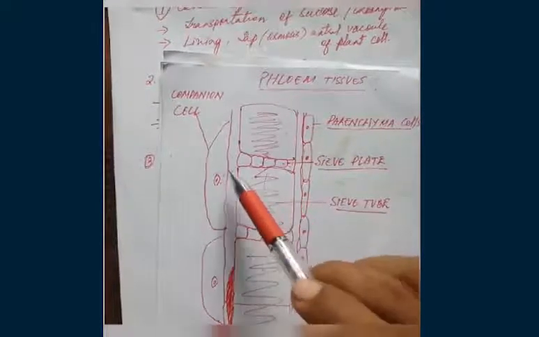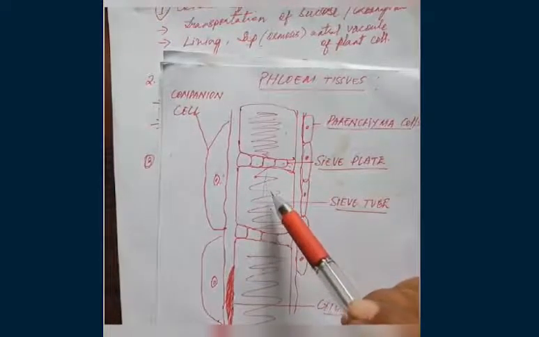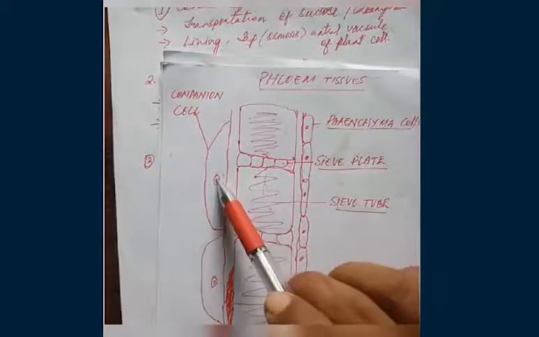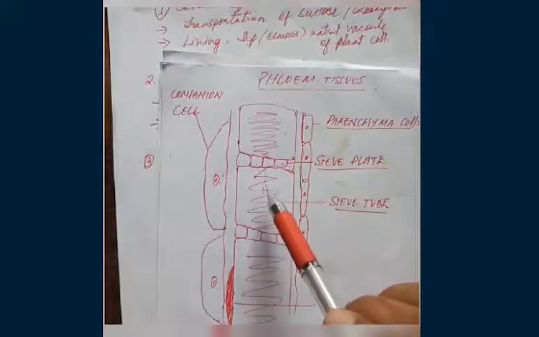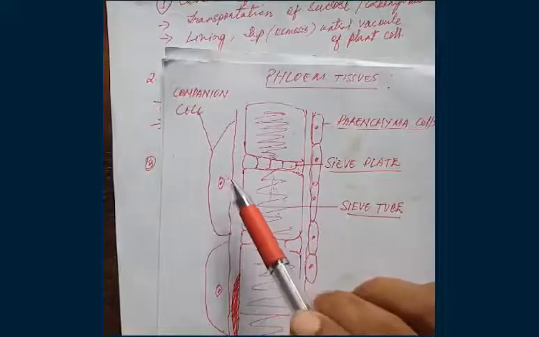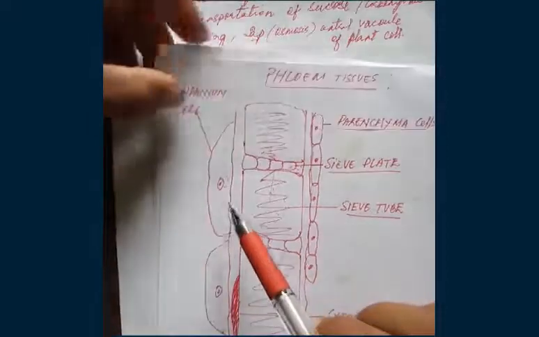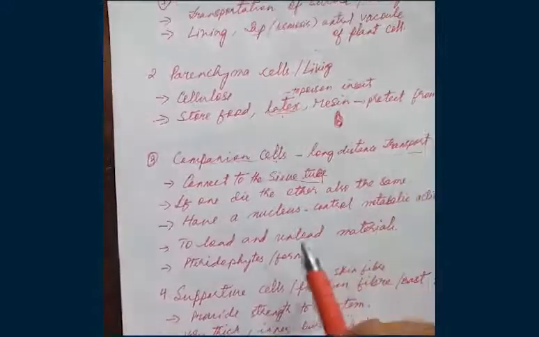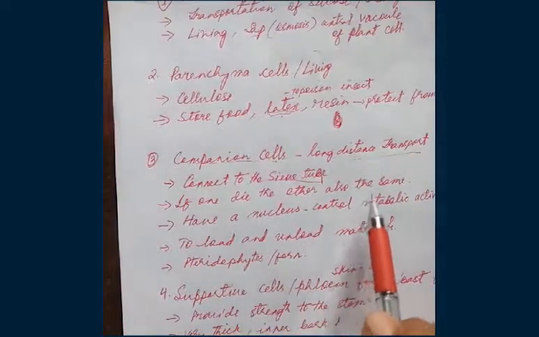So the companion cells are connected with the sieve tubes. Now, if the companion cells die, the sieve tubes also die, and if the sieve tubes die, the companion cells also die. See, the companion cells have a nucleus. Remember that. If one dies, the other also. I've mentioned that one.